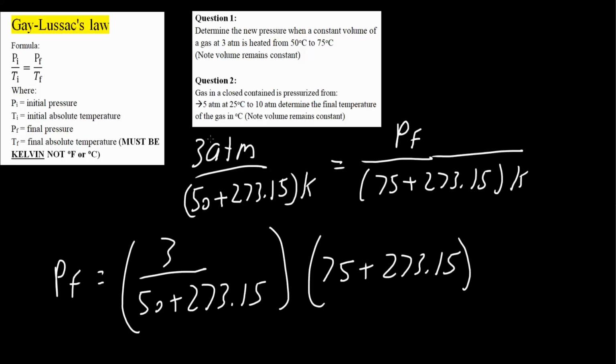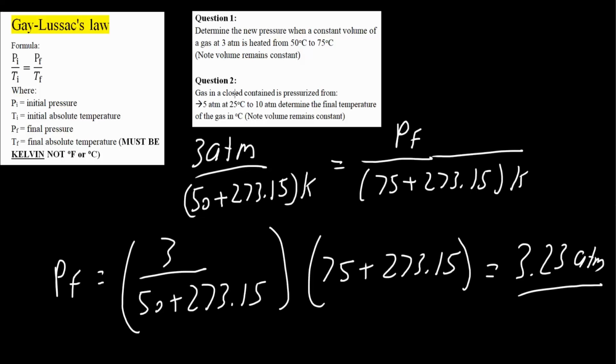So this is atm, this is Kelvin, this is going to be atm, this is going to be Kelvin. So we're solving for atm. This piece right here is atm, this piece right here is Kelvin, and the denominator here is Kelvin. So Kelvin cancels, and we're left with atm. So that is correct. So you multiply it out, and you would get 3.23 atm. This right here is the final pressure.